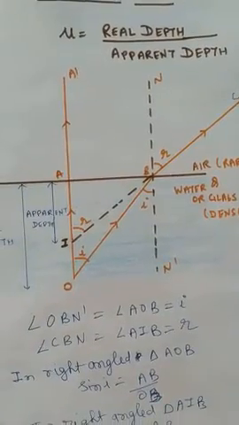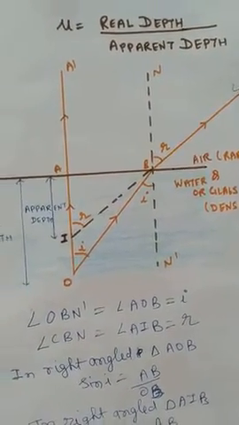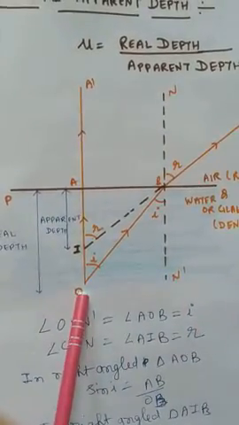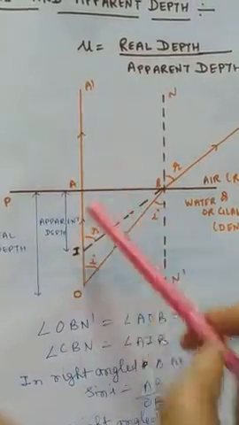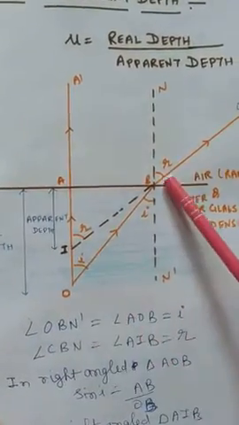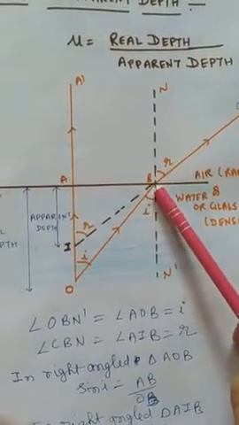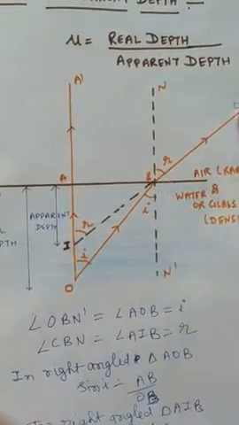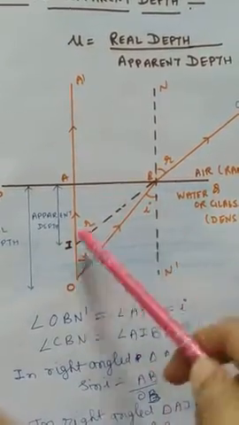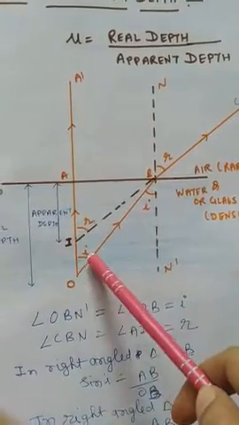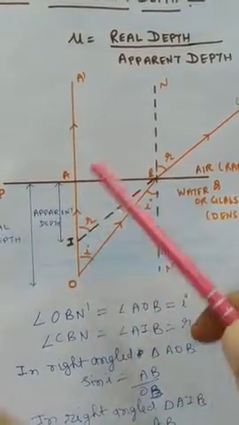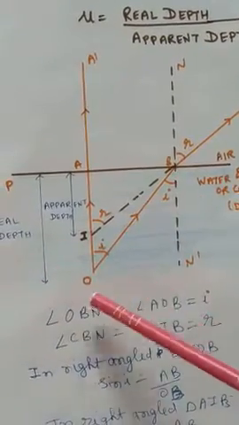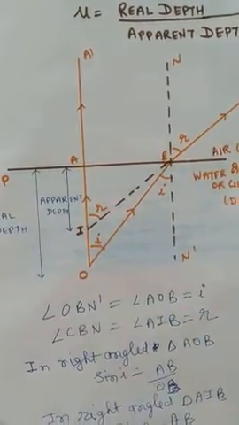What you have to do, first you have to draw the ray diagram correctly. For that you draw a surface PQ, take an object, draw two lines, one straight which will pass normal to the surface, take one incident ray striking the surface obliquely, show refraction, draw the normal, and join this ray in backward direction. Now start naming the angles. This will be I, this will be I, this will be R, and this will be R. Then to derive the relation, prove how this I and this I are equal, how this R and this R are equal.